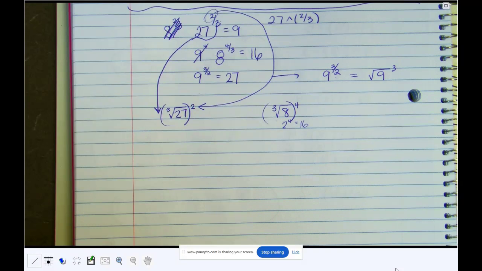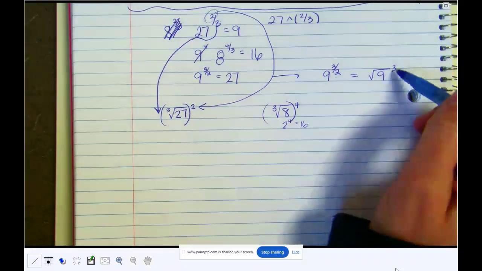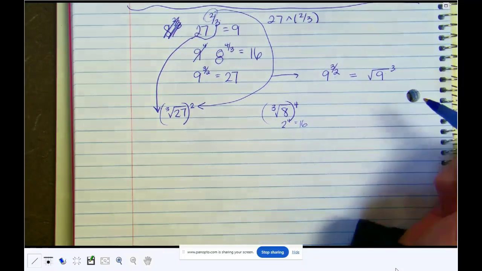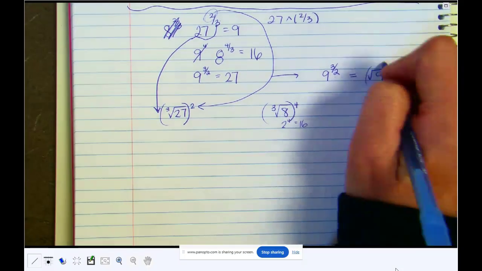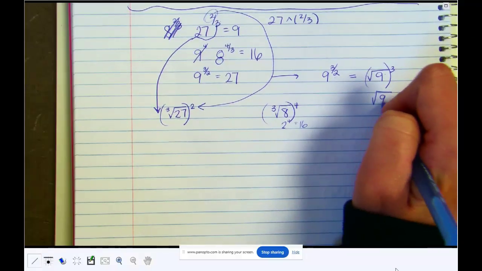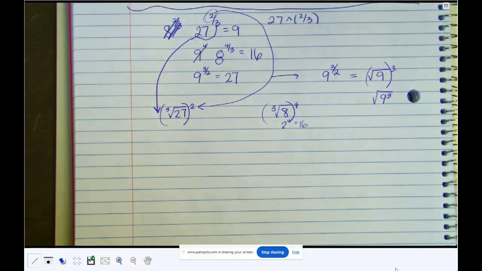You can put the 3 on the 9 if you want, or you can put it outside. So you can do it with the parentheses like this, or put the 3rd on the inside. It can be on the top, outside, or inside the square root.